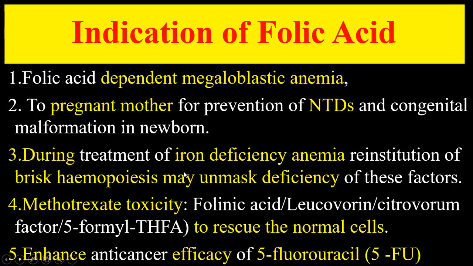And methotrexate is a drug which is given in different conditions, from molar pregnancy to abortion to different breast cancers, etc. So in this condition we have to bypass the effect of methotrexate toxicity.